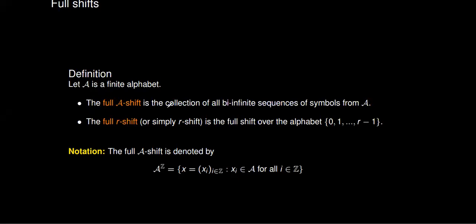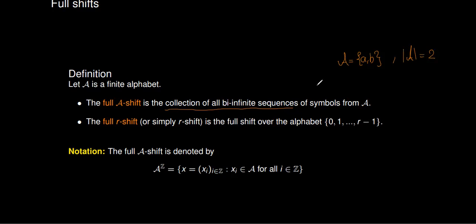The full A-shift is a collection of all bi-infinite sequences of symbols from A. So it means if you have one alphabet like A with two letters, I mean the cardinality of our alphabet would be 2, then if you write all of the bi-infinite words inside of one set, it would be the full A-shift.